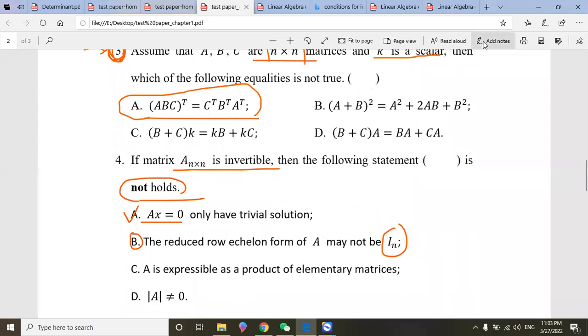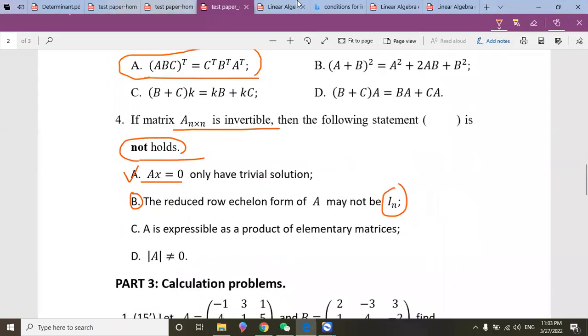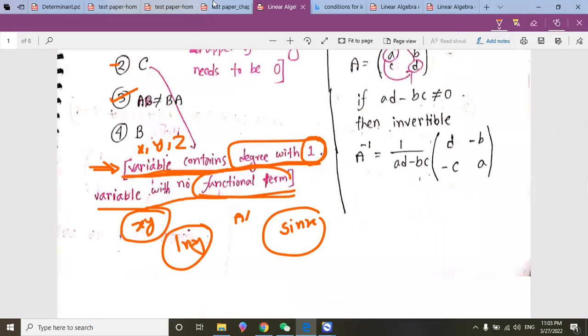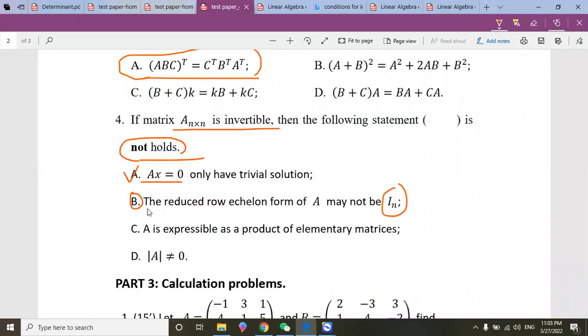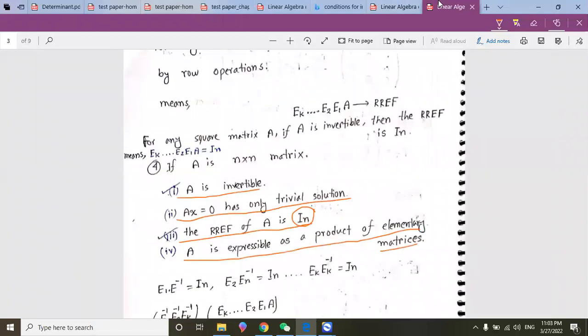That means which statement is false, I think. So the answer will be B. That means the reduced row echelon form of A may not be the identity matrix. But here in our note, we can see that the RREF of A is the identity matrix, right?